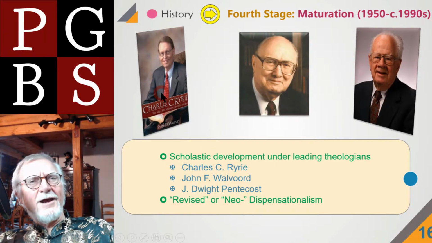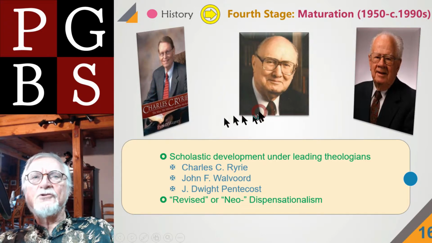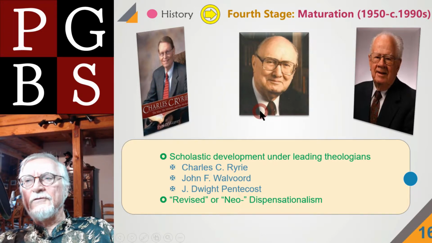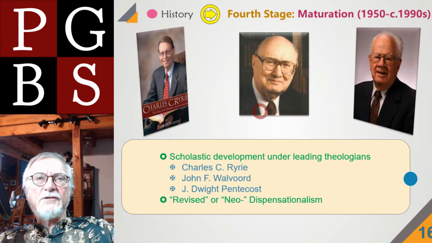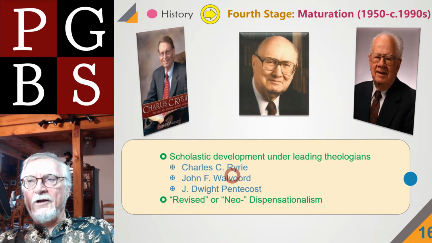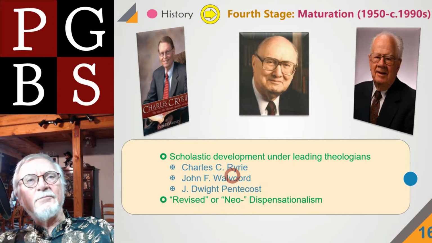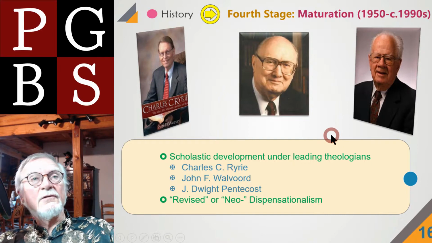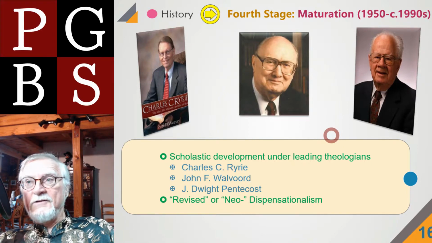The Ryrie Reference Bible, I think he was big for. John F. Walvoord wrote a bunch of books on theology and eschatology. And then J. Dwight Pentecost, another ironic name, Pentecost, since they were so anti-Pentecostal. I actually sat and listened to a lecture he gave at Expo 72 in 1972. I was bored to death.